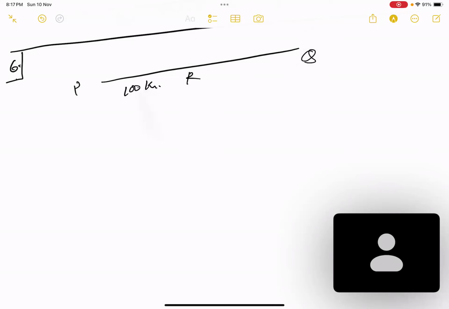How far is Q from P? So this is the question.